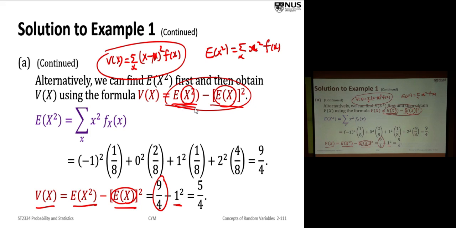While for this one, you just have to square each x. You don't have to find the difference. So it is much less work. But at the end, you still have to work out the expectation of x. Even if you don't know it, you have to work it out. The number of computation steps is smaller.